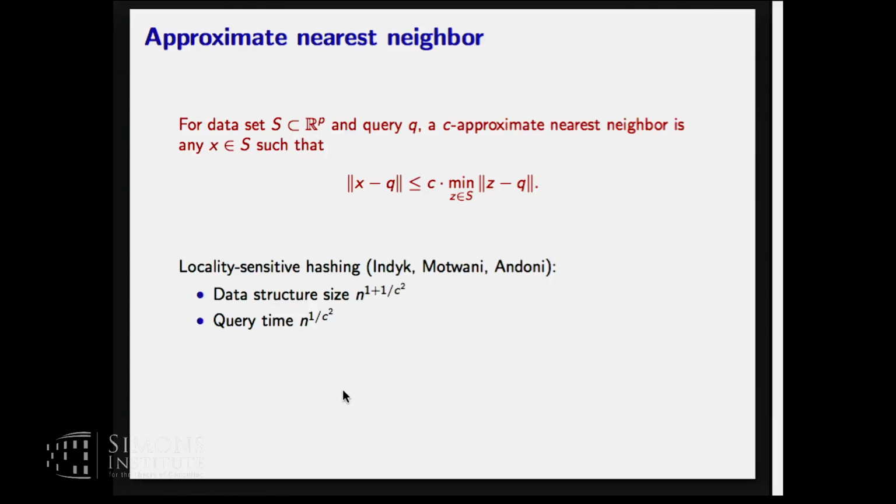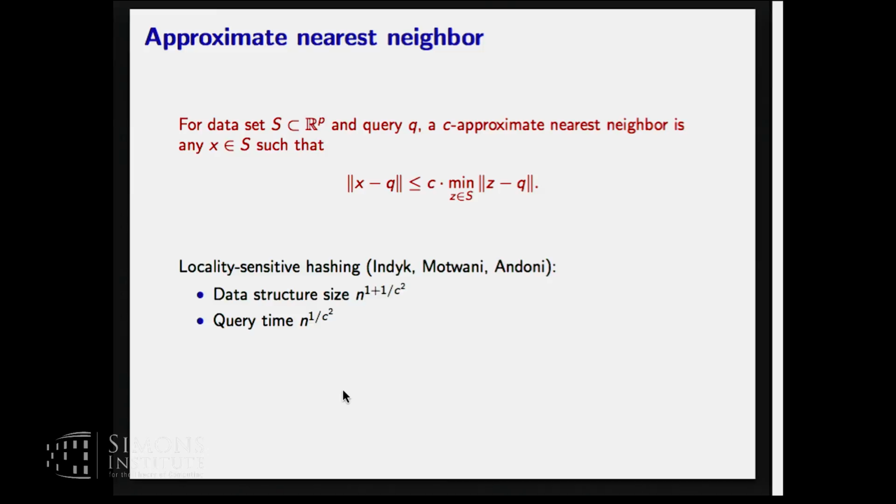For example, if you want 2-approximate nearest neighbor, you get a data structure of size n to the 1.25. So more than linear, but not too bad. And you get a query time of n to the 0.25, which is good. And this is very successful in practice.